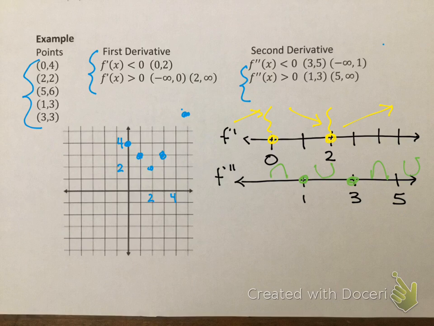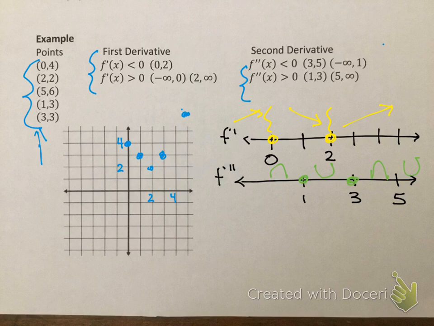So check out the number lines. Your first derivative number line is in yellow, your second derivative number line in green. I've plotted the points that we were given in blue. And now we are going to see if we can actually sketch this graph.